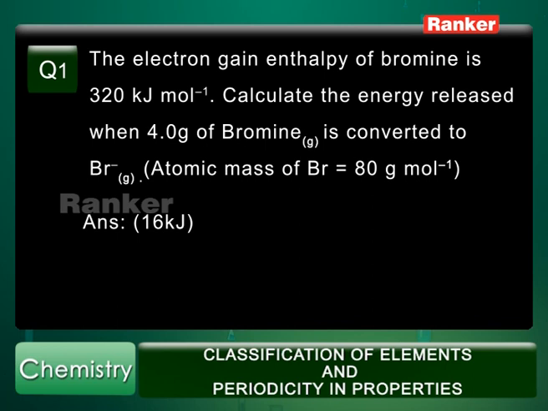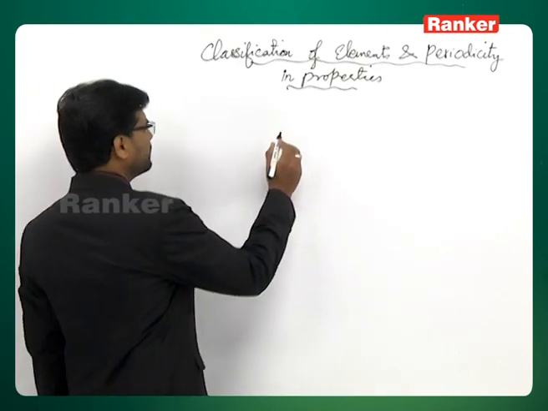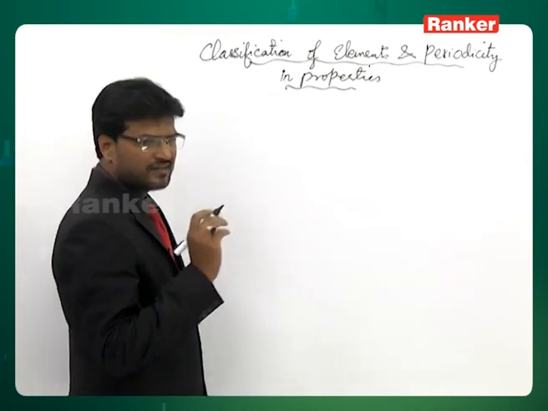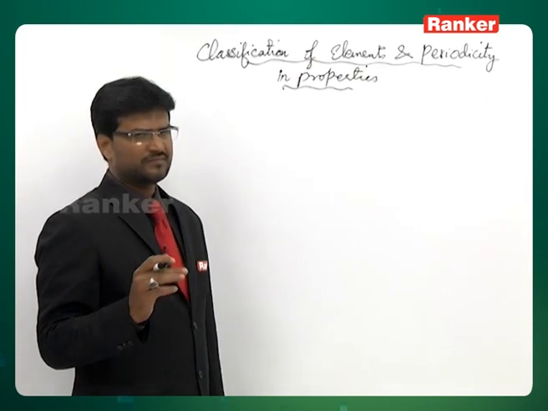So, the value given, 320 kilojoules, corresponds to 80 grams of bromine. What you need to do is find the number of moles of bromine and then multiply with the electron gain enthalpy, and you get the value.